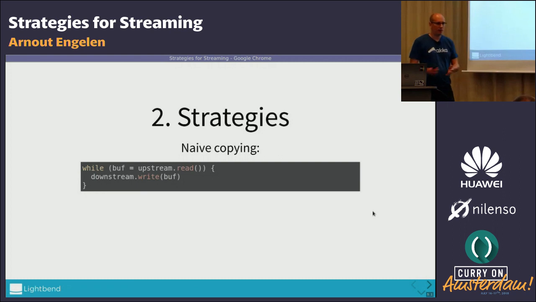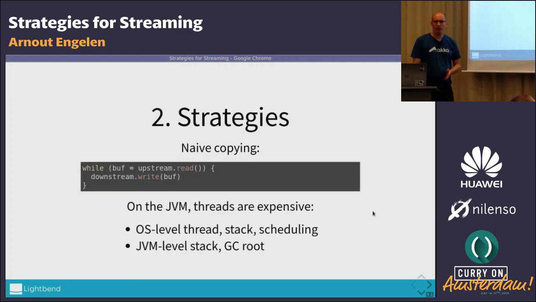So for instance, if your streaming system is in some places I/O bound, then most of these threads are actually doing nothing because they're waiting either for data to become available to read or room to become available to write, but we're still holding on to one thread. And especially on the JVM, threads are actually quite expensive. A thread on the JVM has a counterpart in the operating system, so it's actually a native thread.